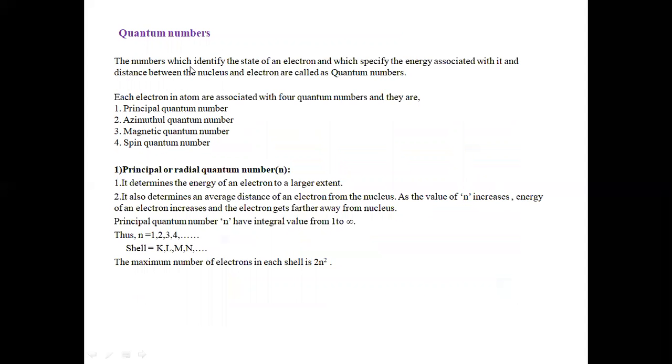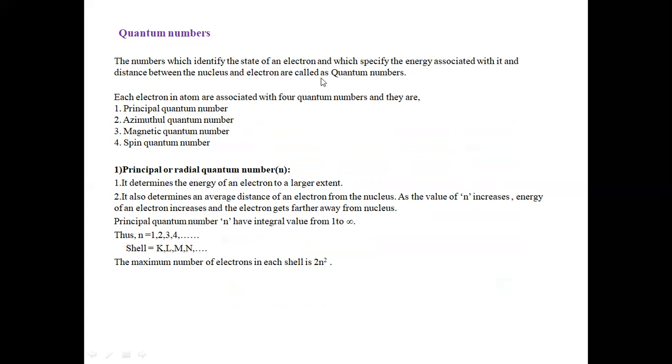Quantum numbers are the numbers which identify the state of an electron and which specify the energy associated with it and the distance between the nucleus and the electron.